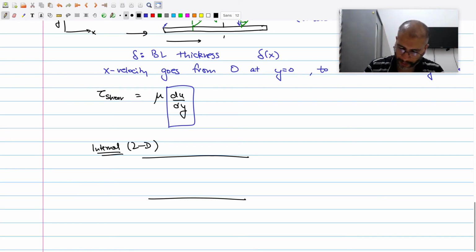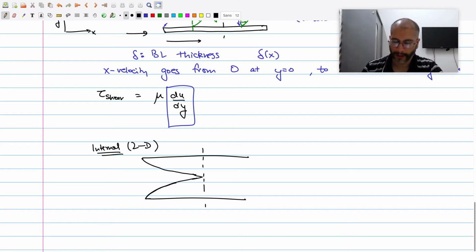So the boundary layer started developing on both sides, and then they met at some point. Beyond this point where the two boundary layers met was a complete viscous flow region.